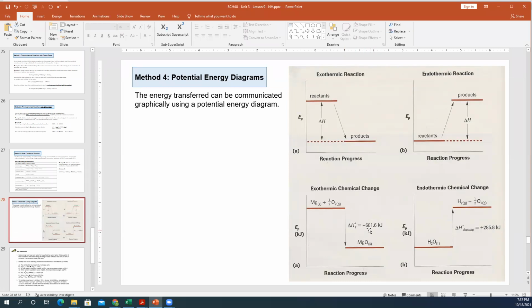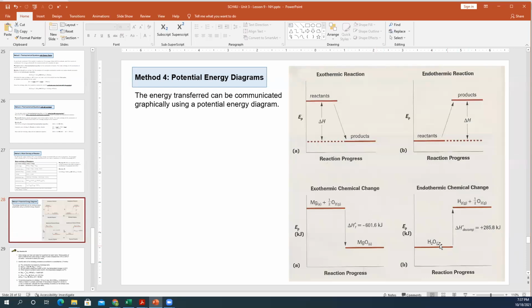And that is a value of minus 601.6 kilojoules. So you can show this value on a potential energy diagram. So we start out with our reactants and we go to our products, okay? And our products are of a lower potential energy because this is an exothermic reaction.